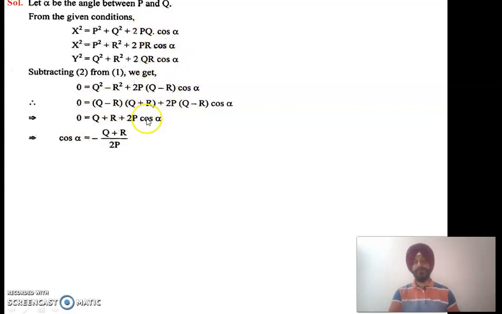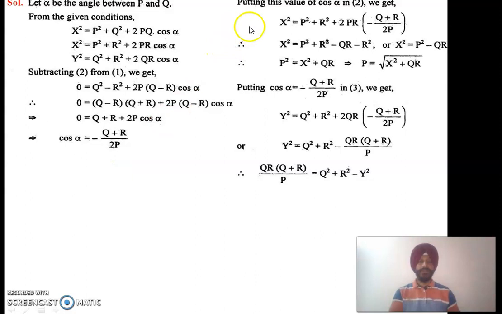On subtracting first and second, we got Q square minus R square plus 2P(Q minus R) cos alpha. So on simplification we got cos alpha is equal to minus (Q plus R) over 2P. Putting this value of cos alpha in the second equation, we got P square is equal to X square plus QR, and P is equal to square root of X square plus QR.